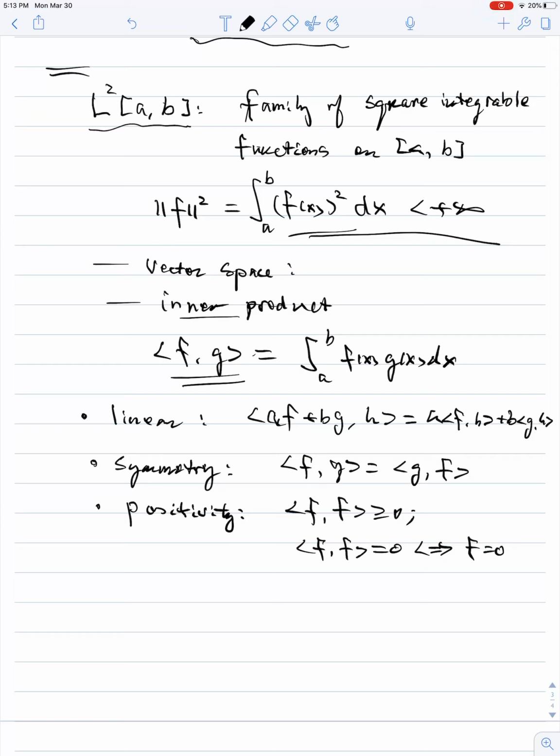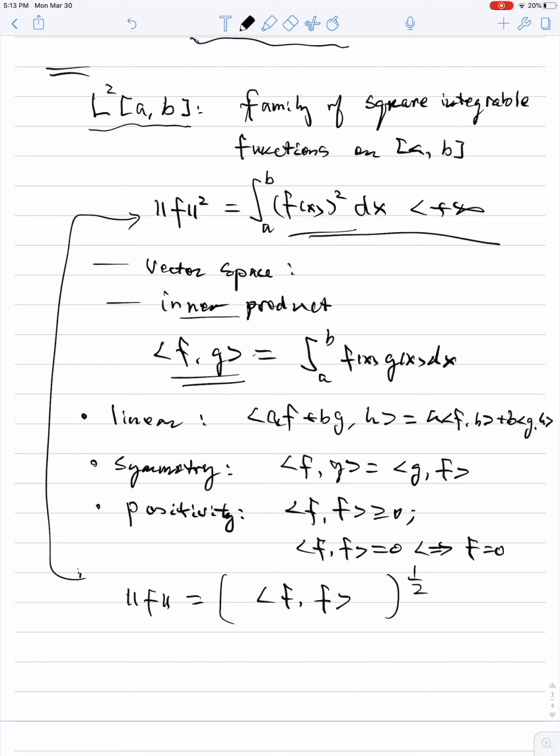For an inner product space, you can define the norm, which is consistent with what we have here. The norm is the square root of the inner product of the function with itself, so these two formulas are consistent. You take the square root of both sides and you get this. So this space of functions becomes an inner product space once we introduce this inner product.